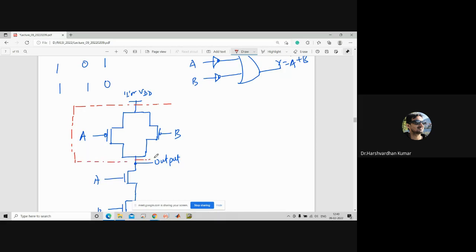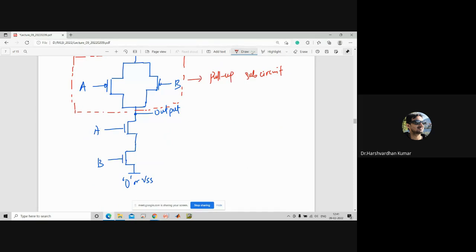The first upper circuit is known as the pull up sub circuit, and this one is known as the pull down sub circuit.